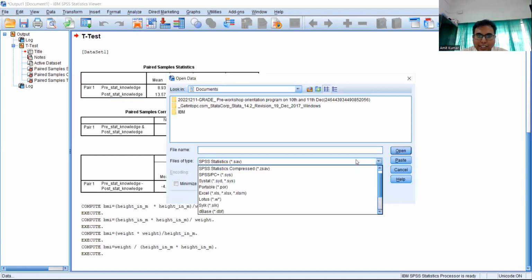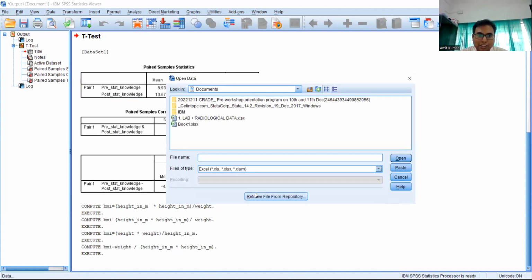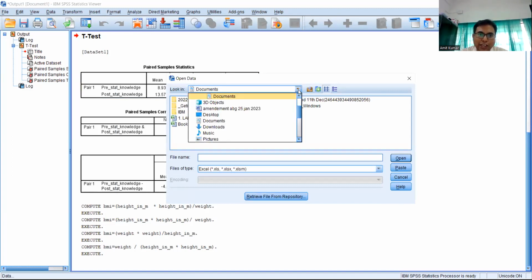Then we select which type of file we want to import. There are many types of files we can import in SPSS. Since my data is in Excel format, I will select Excel, and then go to my source data file where my data is located.